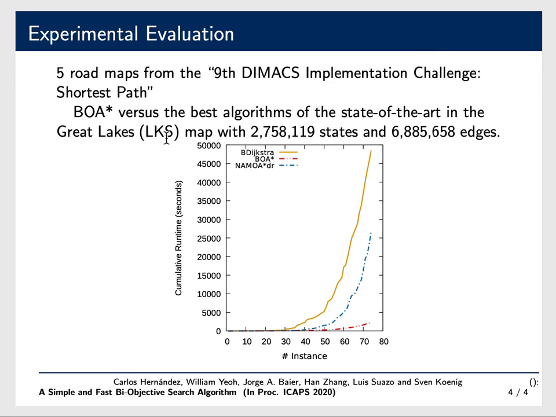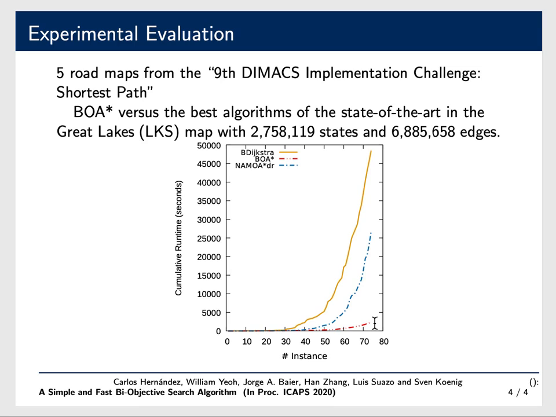In the Great Lakes map, which is shown here, which contains more than 2 million states and more than 6 million edges, we show in the red curve the performance in terms of runtime of BOA and the other algorithms. And we see that there's a very significant improvement compared to the other algorithms. This improvement is also seen in other benchmarks.